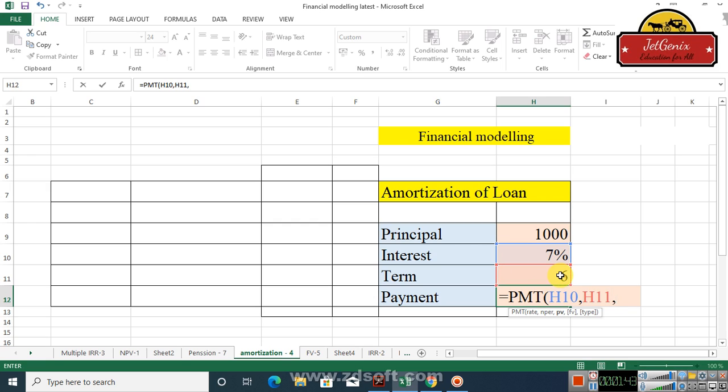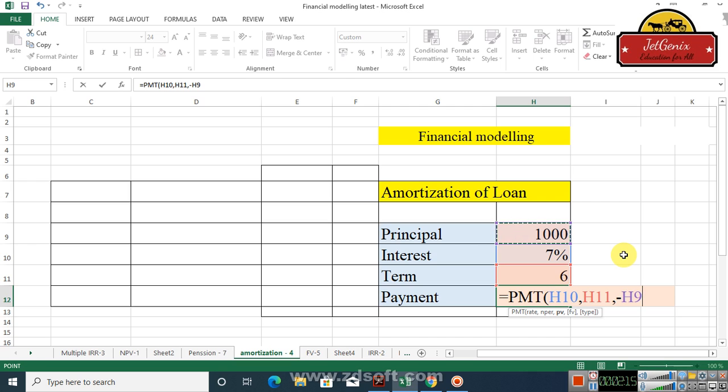Now I want you to pay a bit of attention, please, because after this I am going to specify the present value, which means the loan amount. But I will not just click on the principal amount; before this I have to type minus here. And after this I will click it. If you didn't type this minus, then Excel is going to calculate something else for you.